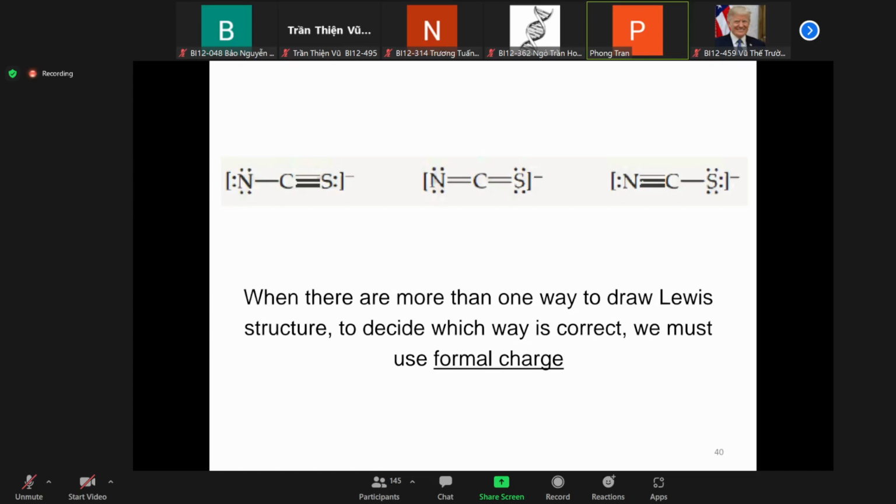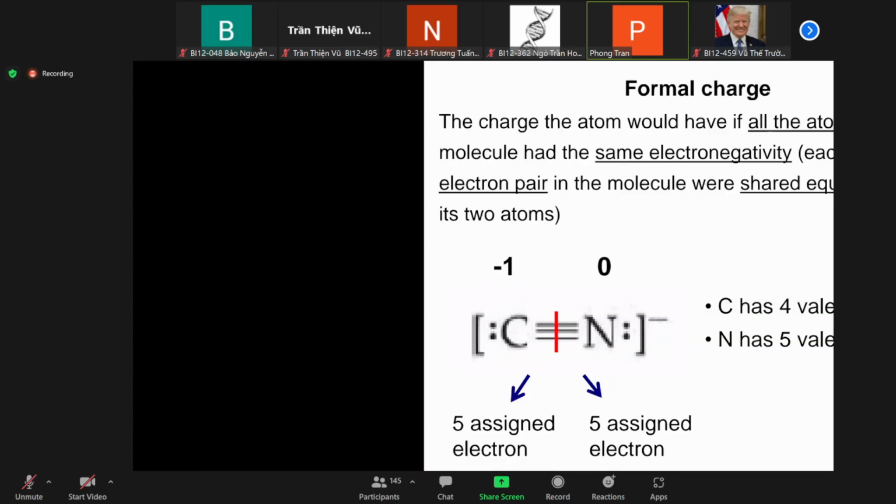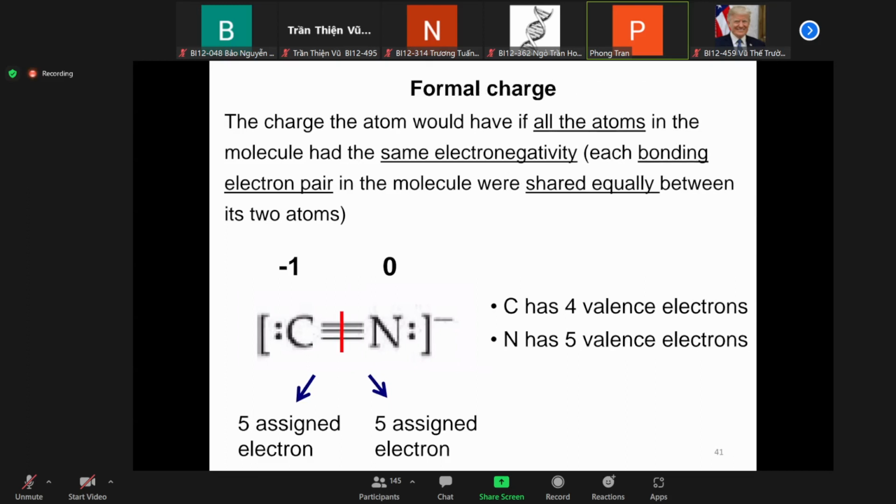So you ask the question, what is the formal charge? The definition: the formal charge is the charge one atom would have if all the atoms in the molecule had the same electronegativity. Each bonding electron pair in the molecule will be shared equally between the 2 atoms.